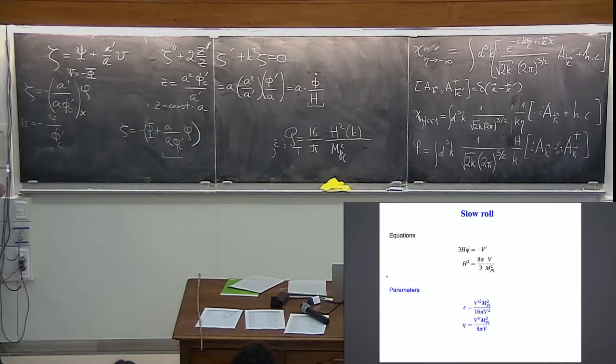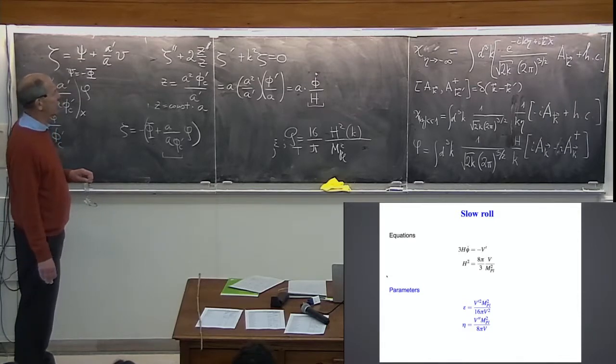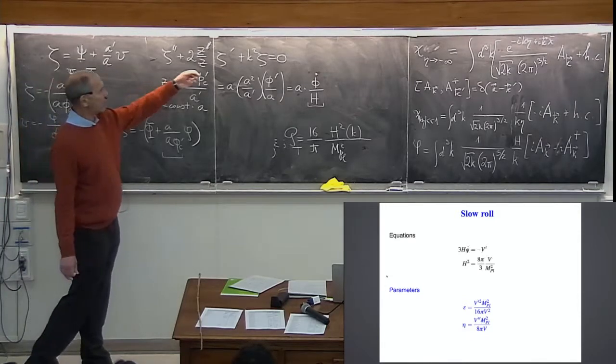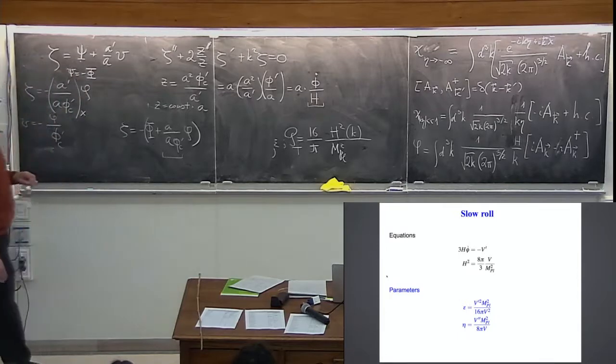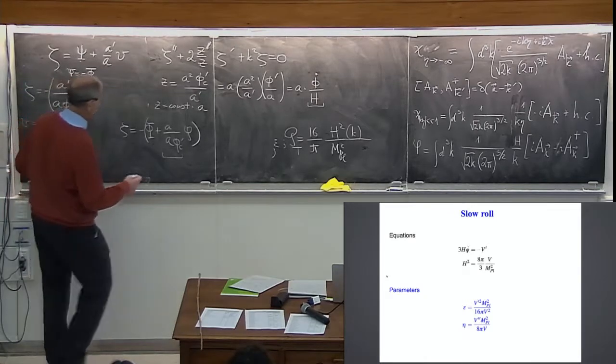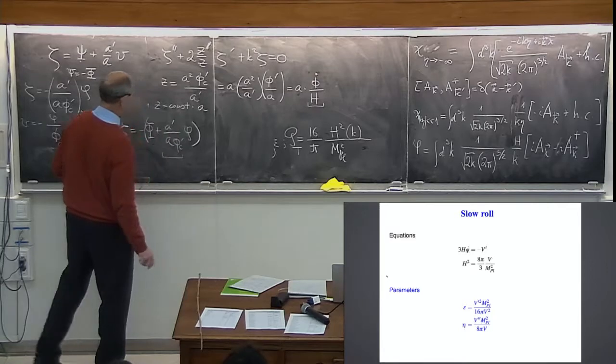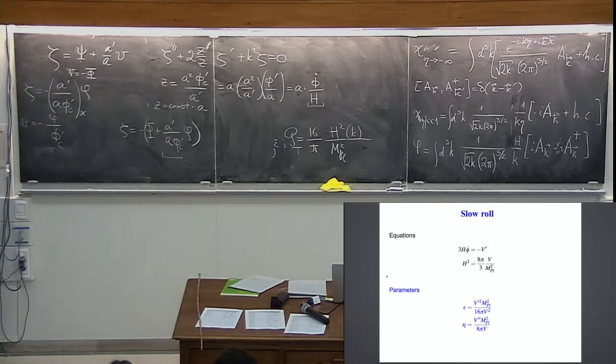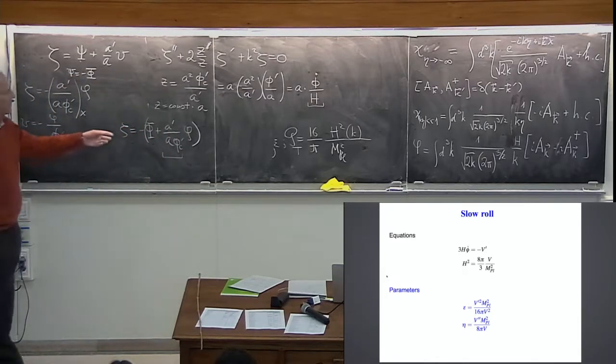So, in the slow roll approximation, to the zeroth order in the slow roll parameters, you're back to the equation for the minimally coupled scalar field. But now this zeta, sorry, this must be prime here, must be understood as this combination here. Okay.